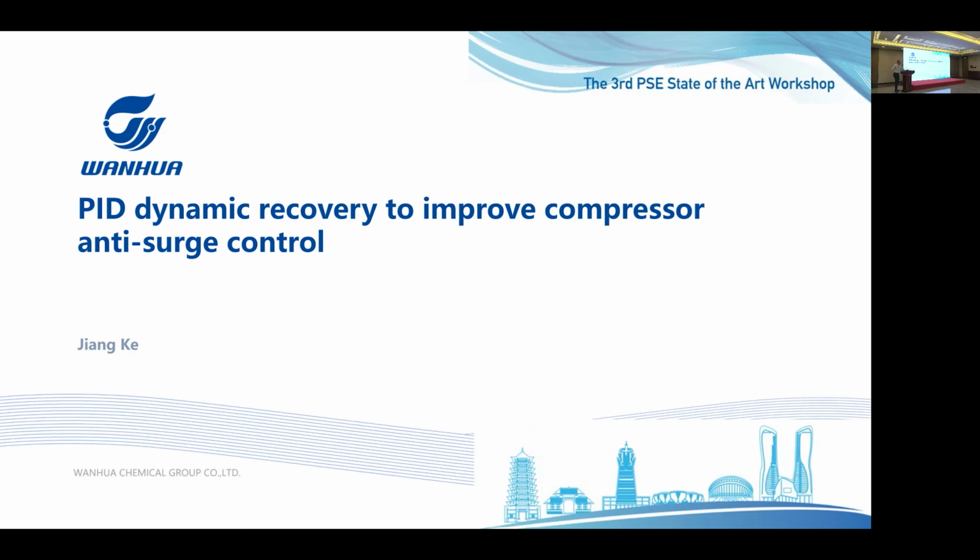In a modern chemical plant, we have more and more protection controllers implemented. This protection controller may be just a simple PID loop, but the purpose of this loop is not to control the process value on the set point.